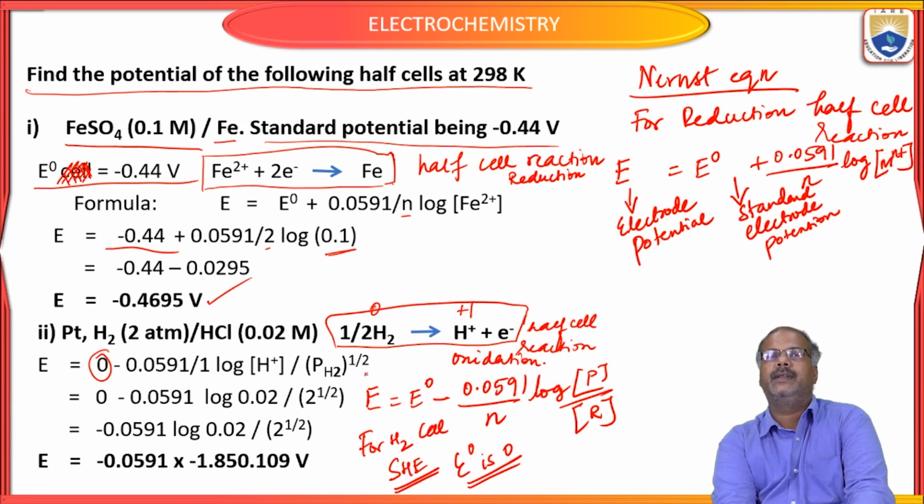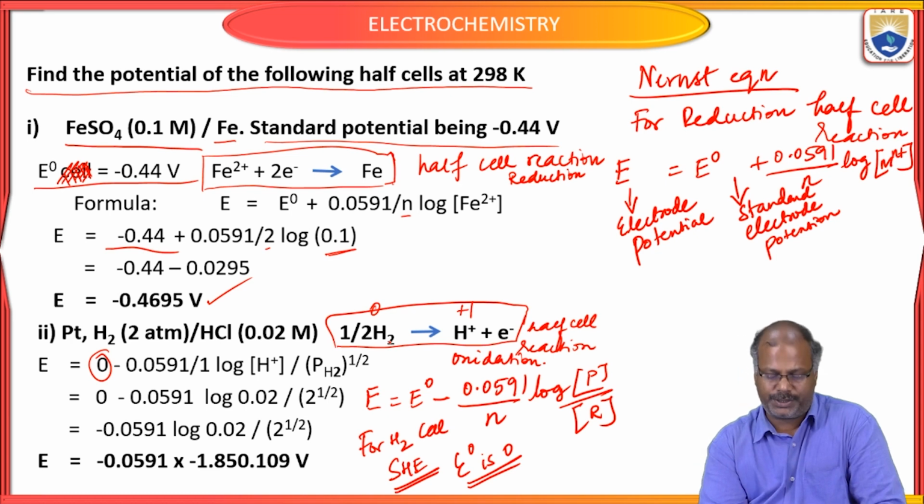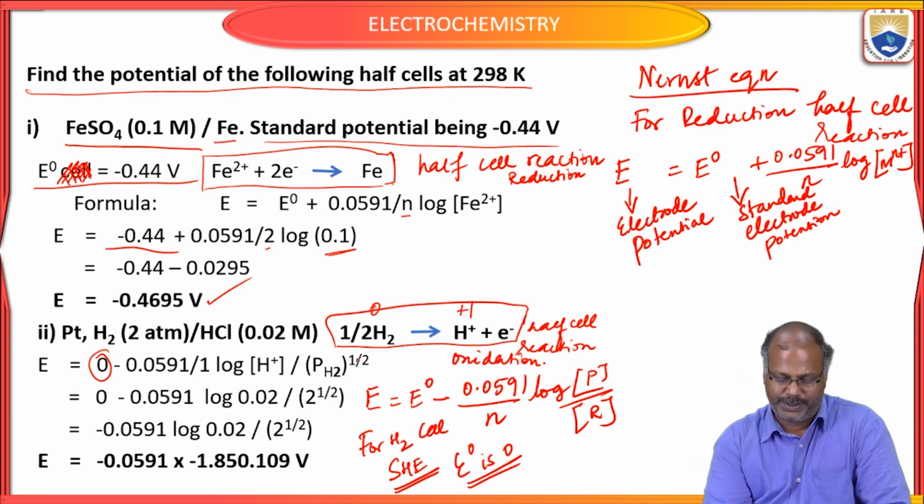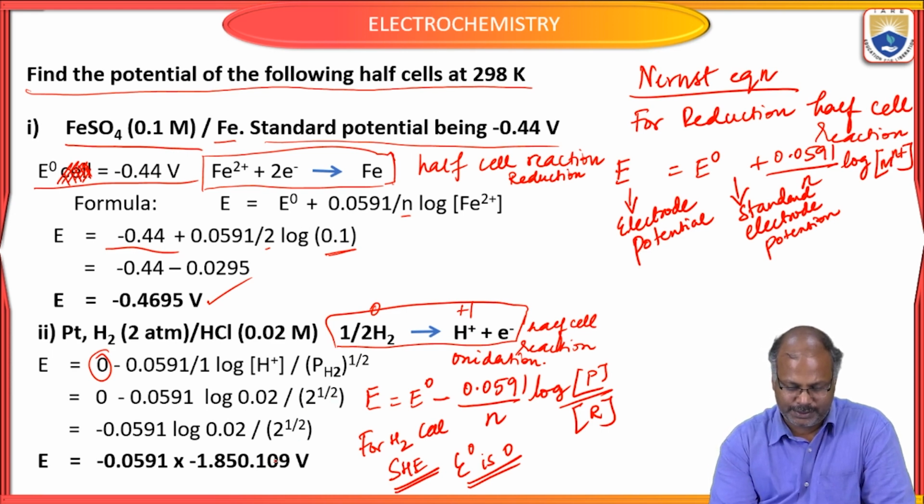For gases, pressure is the concentration. So pressure of hydrogen to the power 1 by 2. If you substitute, we get the answer.